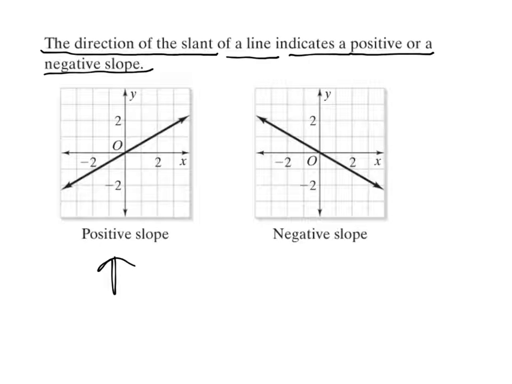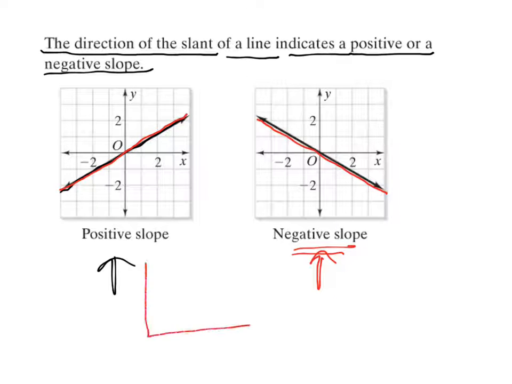If a line rises from left to right, this will be positive slope. Look at this. If a line goes down from left to right, it is a negative slope. So just by looking at the lines, you can figure out whether the slope is positive or negative.